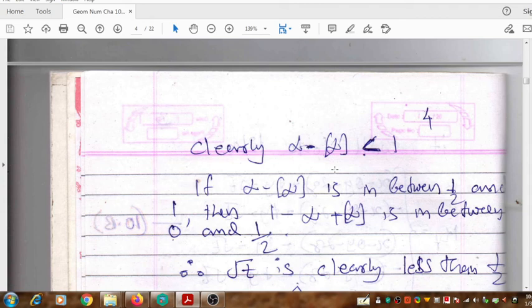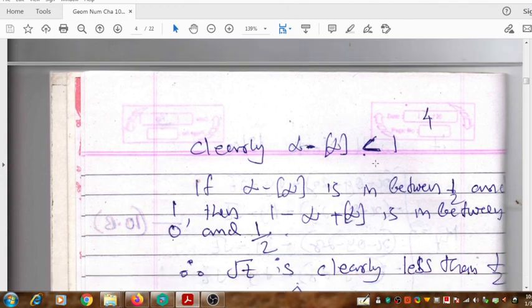If alpha minus alpha in square bracket is between 0 and 1, then there exist two situations. We have to consider two situations. What are those two situations? In general the value of this quantity is between 0 and 1, but by considering 1 by 2 as the midpoint, the middle value of the range, we have two situations. One case: alpha minus alpha in square bracket is between 1 by 2 and 1.